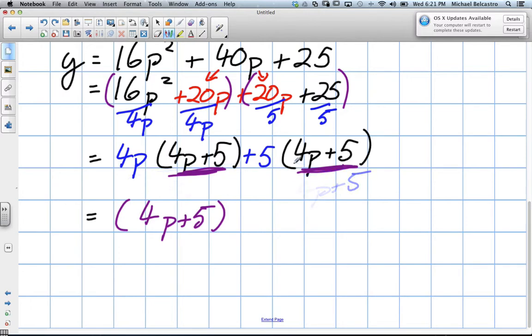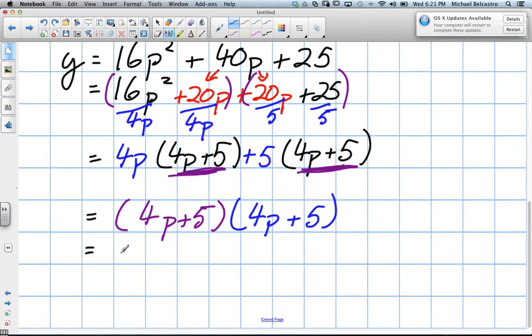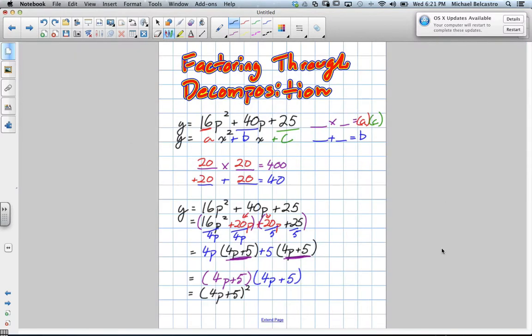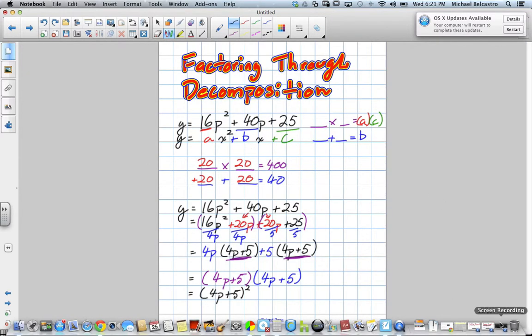But the easiest way to think of it is once you get to this point, you put them in one bracket, and in the other bracket you put what's outside of them, which happens to be 4p plus 5. It would be a little more obvious if we had different numbers. Both the brackets end up being the same, and because it's a special case, we can rewrite it as 4p plus 5 squared. But this is just another way of factoring, called decomposition.